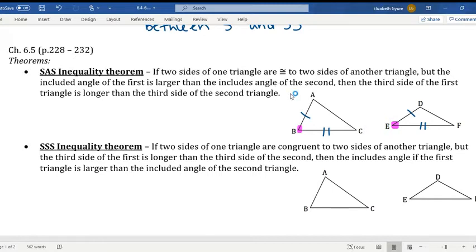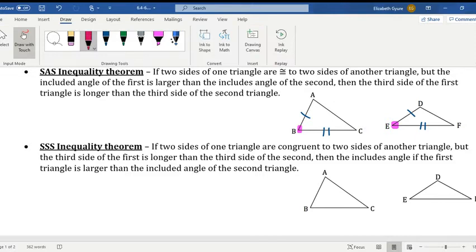Very similar idea to what we did up at the top of this, where larger angles are across from larger sides and vice versa. If angle B is larger than angle E, then the measure of AC must be greater than the measure of DF, because bigger angles make bigger sides.